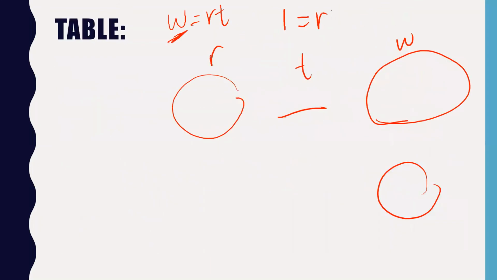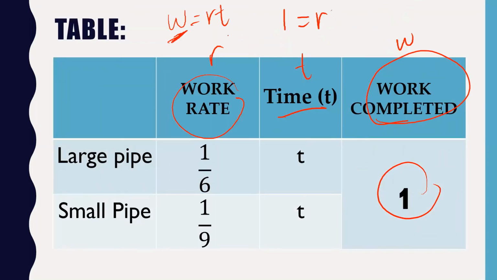Therefore, we will substitute the T with 6. Or shall we write it as 6R? Okay? So, si R, yun yung hinahanap natin. To get the R, we have to divide both sides by 6. Cancel, cancel. Therefore, the rate now of the large pipe is 1/6. Okay?